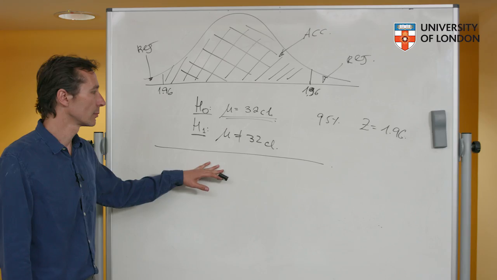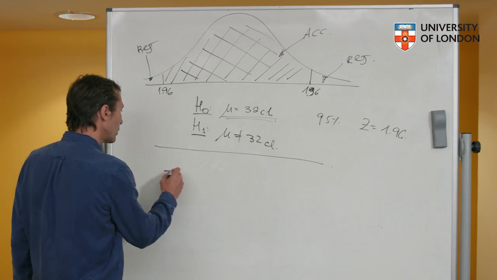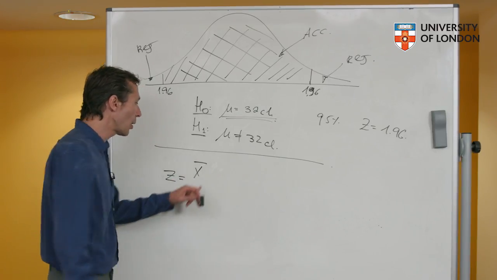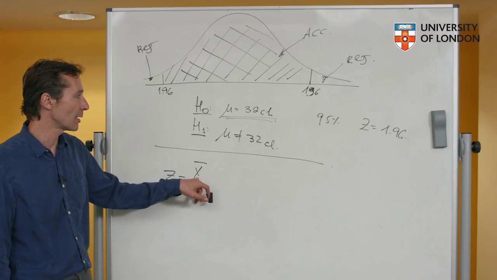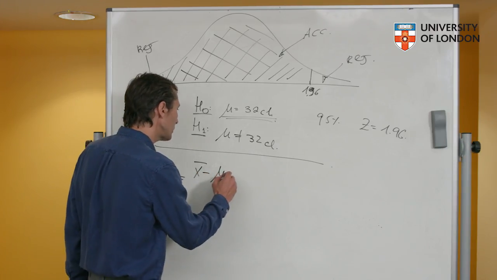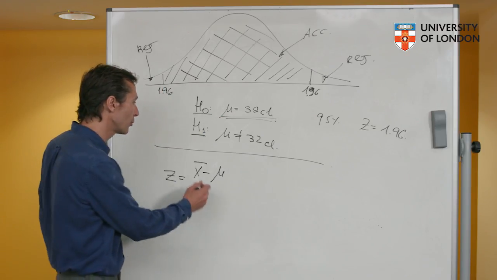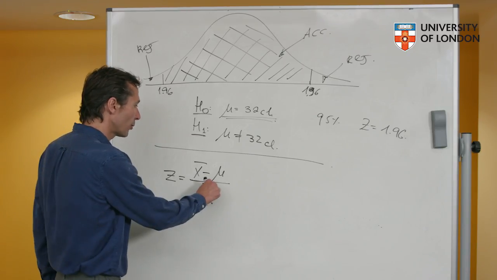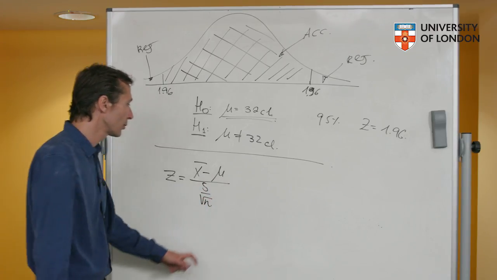The next step will be to construct the statistic that will determine whether we reject or accept the null hypothesis. The way to construct the test for the hypothesis will be to construct a z value which will be equal to our estimator, the point estimate, which is in our case the mean of a sample, x bar, minus mu, which is the hypothesis itself that we propose, over the sample standard deviation divided by the square root of n.